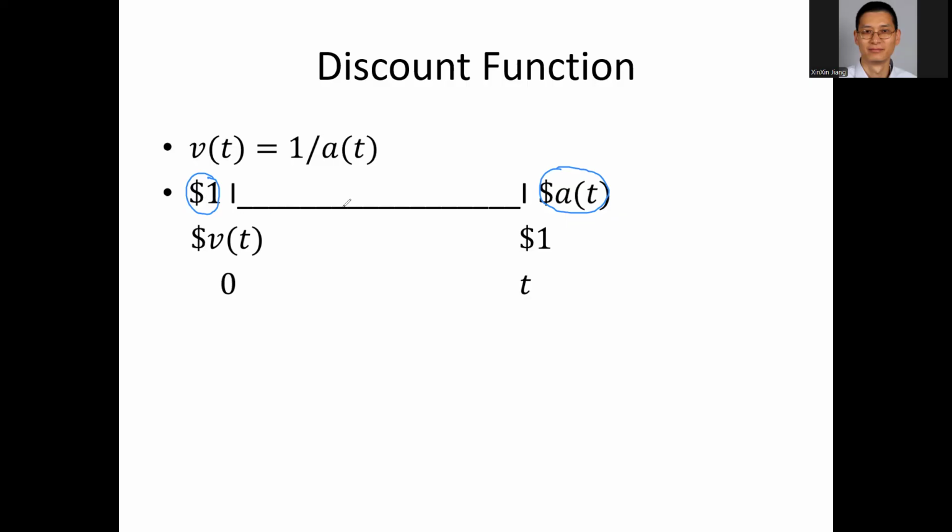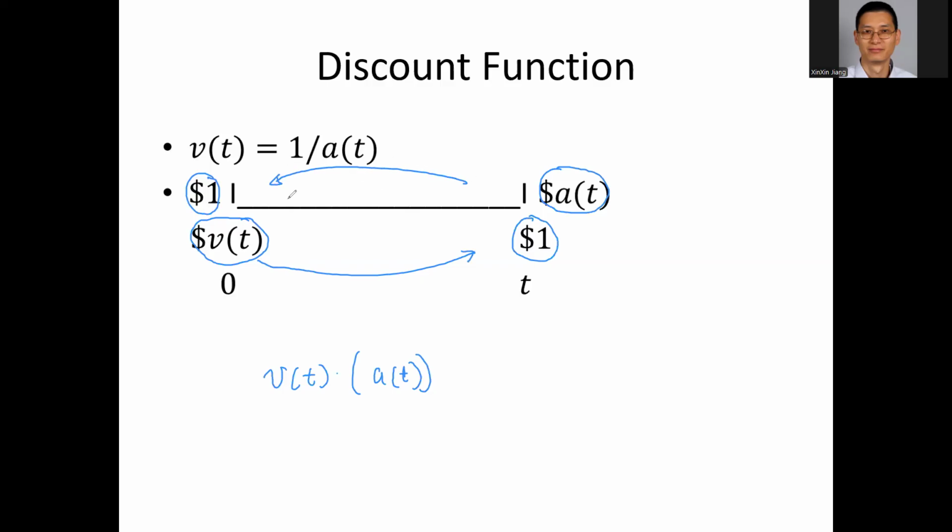What the discount function tells us is that if you have $1 at time t, then equivalently you have v of t dollars at time 0. So if you treat v of t as the principal and multiply by a of t, you are accumulating it, and this is discounting.